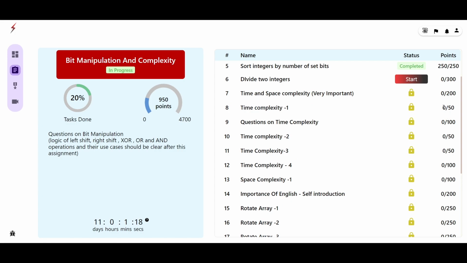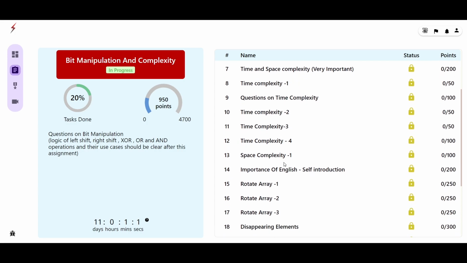So I think once I'm done with the next two problems, they've actually mentioned something very important here, time and space complexity. I'm assuming this would be a video explaining what it is. So after the sixth assignment, the 7th to 13th should be relatively easy.